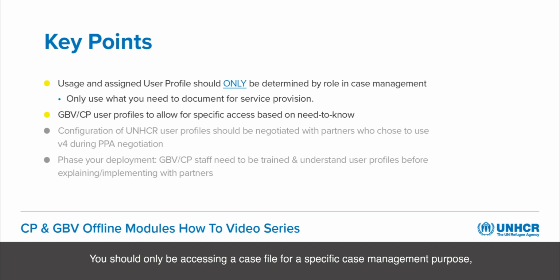You should only be accessing a case file for a specific case management purpose, not for GBV data or trends analysis. You should only use what you need to document for service provision. So your role should be assigned based upon that. There shouldn't be any assigned just so that you can have all access to the information. It should only be for that information that you need to be able to perform your duty.